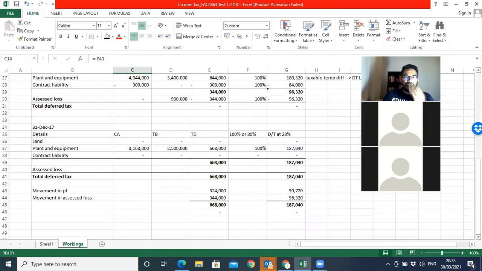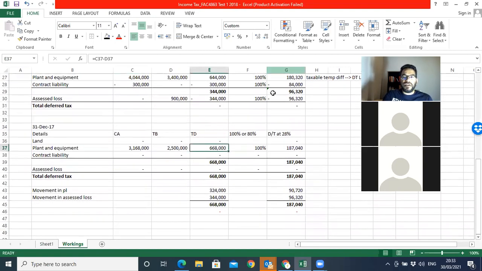So understanding that, this 668 represents a future tax consequence. Okay, I will answer that question just now. So this 668 is a temporary difference.